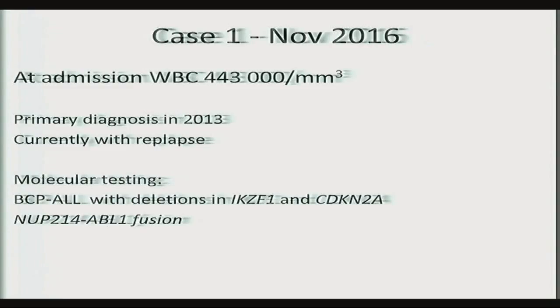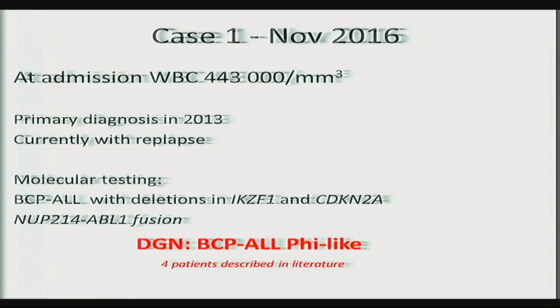But unfortunately for him, we found also a fusion with another gene. And we can say that this patient suffered from BCR-ABL-like disease. Unfortunately, after the first block of chemotherapy, or even 2 blocks of regular chemotherapy for relapse, he has still a very high number of cells, so he's not responding to the treatment, which was really heavy treatment.